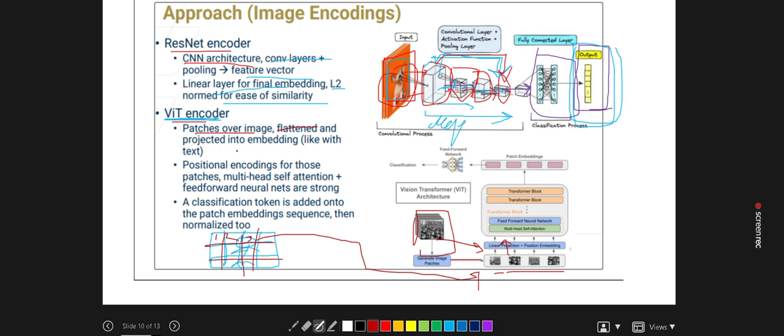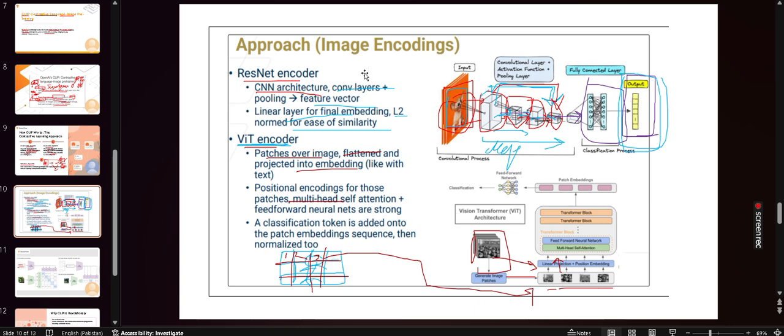So this was the ViT encoder, and then there is a patch embedding sequence, and then they are normalized, and in the end, just like with ResNet, we get the embeddings from the ViT encoders. These are just the starting steps that the model goes through.